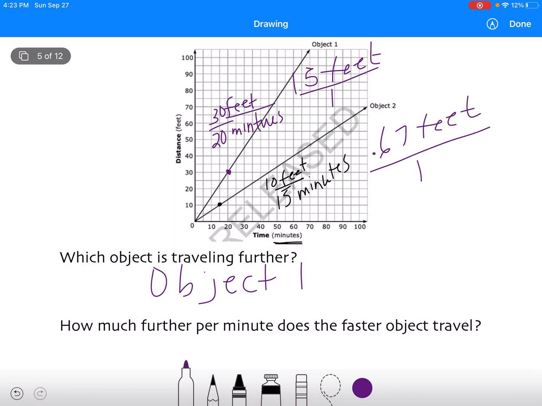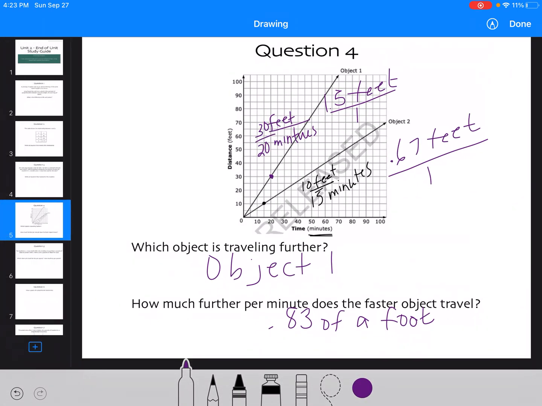So 1.5 minus 0.66666. So it goes 8/3 of a foot further per minute, or you might say 5/6 of a foot further.